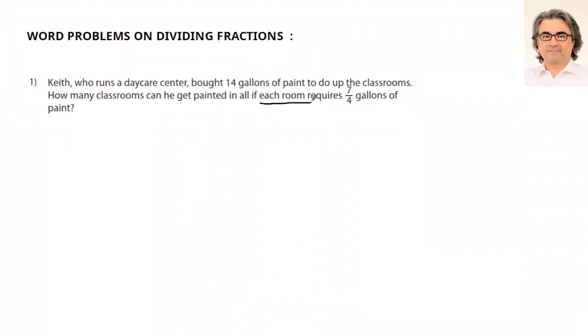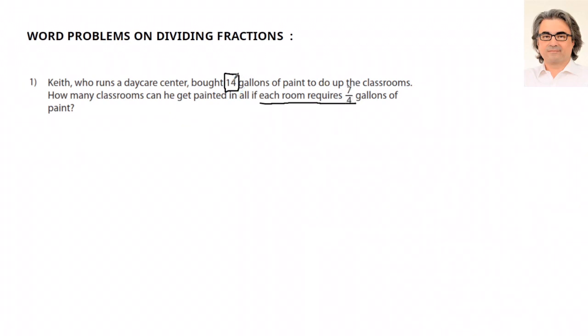Each room requires 7 over 4 gallons, and I have 14 gallons in total. So I should share these 14 gallons into these classrooms equally. Each needs 7 over 4 gallons. So I should find the number of 7 over 4s in 14.